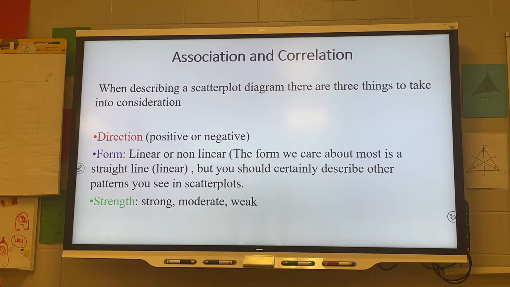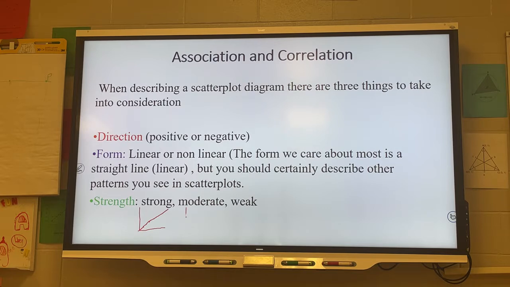Alright, so for the strength, it can be strong, moderate, or weak. For the strength being strong, you'll realize that the dots basically form a line, as you can see me doing at the bottom here. So if you draw a line through these dots, you'll realize that the line can go directly through the dots, making the relationship very strong.